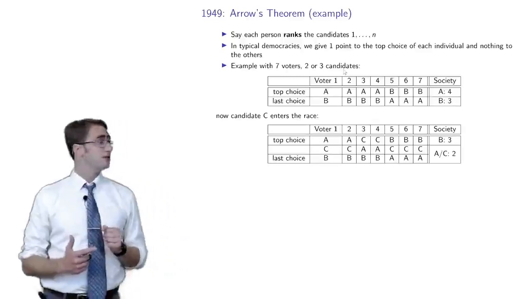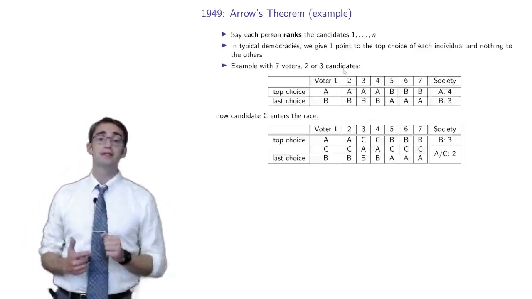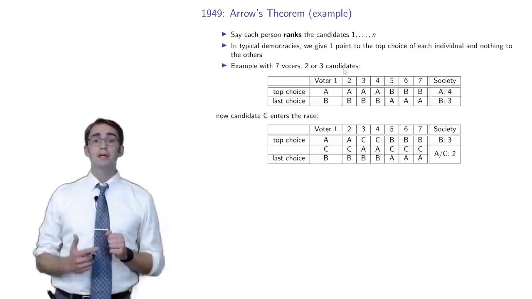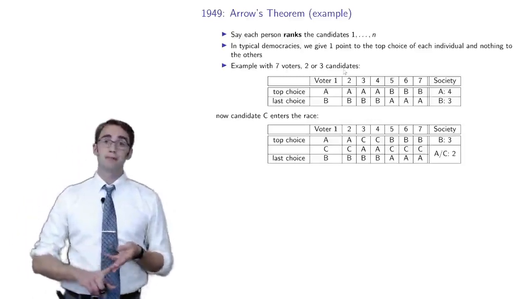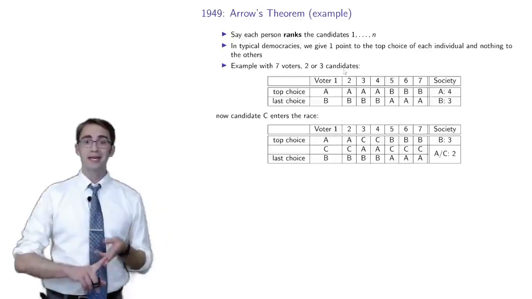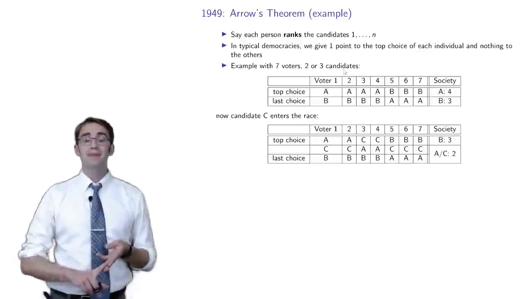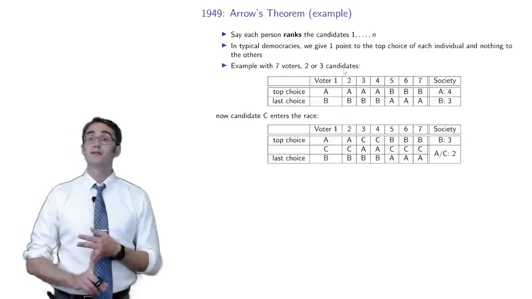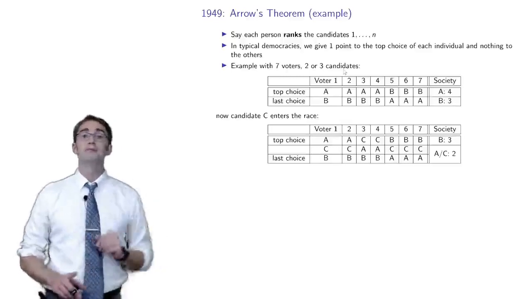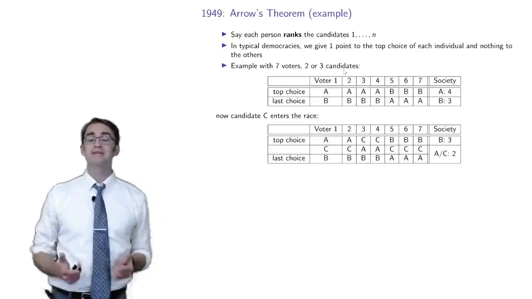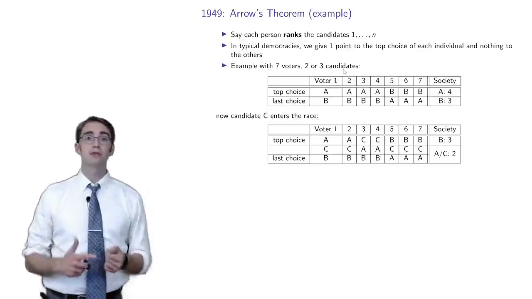The outcome is that there are 3 people whose favorite is B, that's voters 5, 6, and 7, but now there are 2 for A and 2 for C. So now B is the favorite, with 3 votes versus 2 for A and 2 for C.